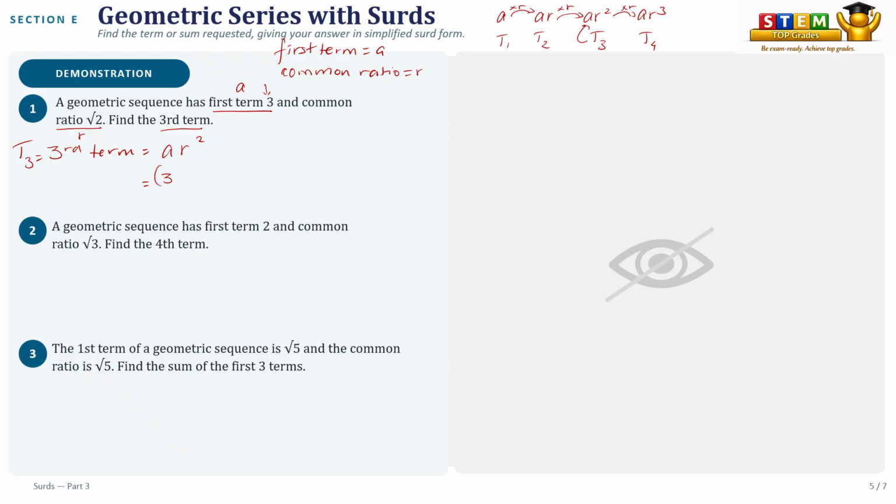Let's do the substitution here. R is square root of 2, and that is squared. So that is equal to 3. Now, the square and square root cancel out, so we simply have to multiply 3 and 2 together. So sorry, that is a mistake here. So that's 3 times 2, and therefore that is equal to 6. So this is our third term.